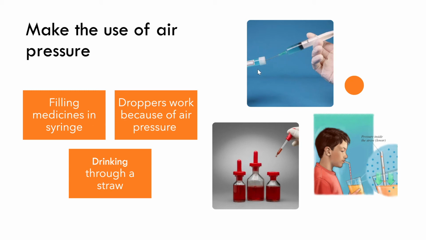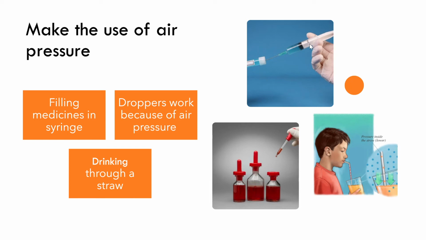When we put the needle in the liquid medicine and pull the piston outside, air pressure pushes the medicine into the syringe. The air pressure will force the medicine to enter into the syringe.